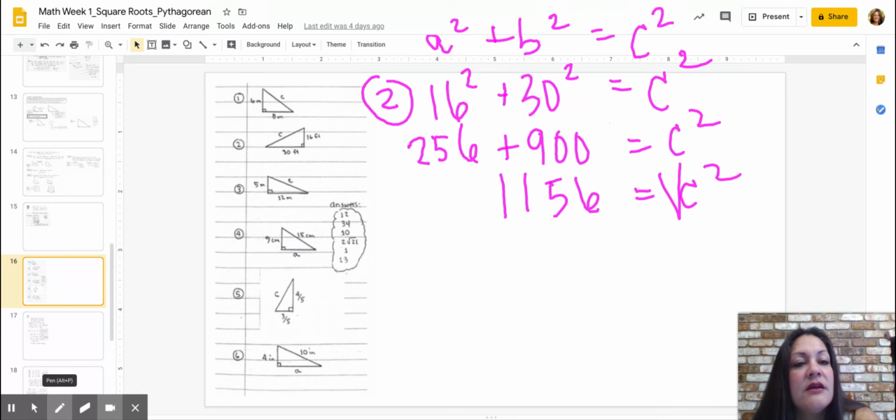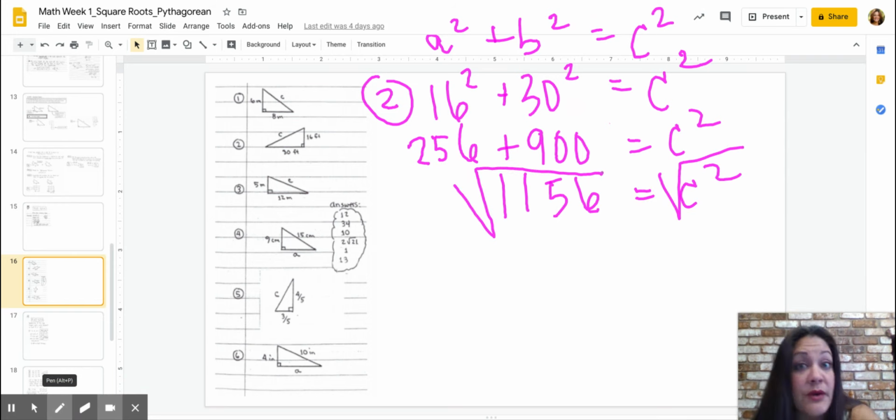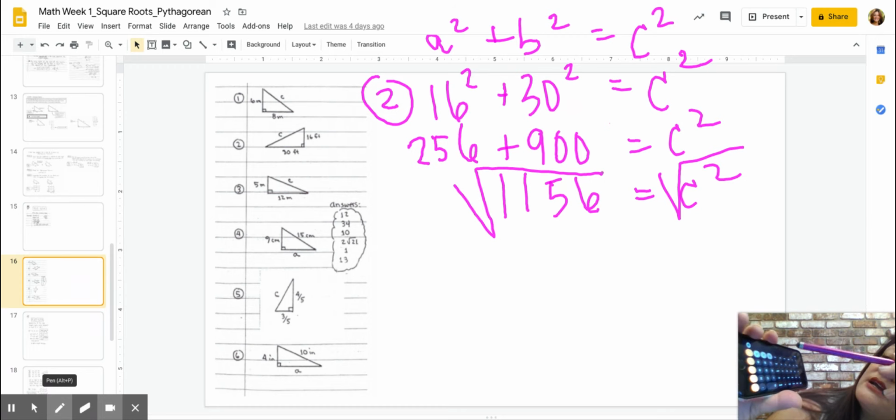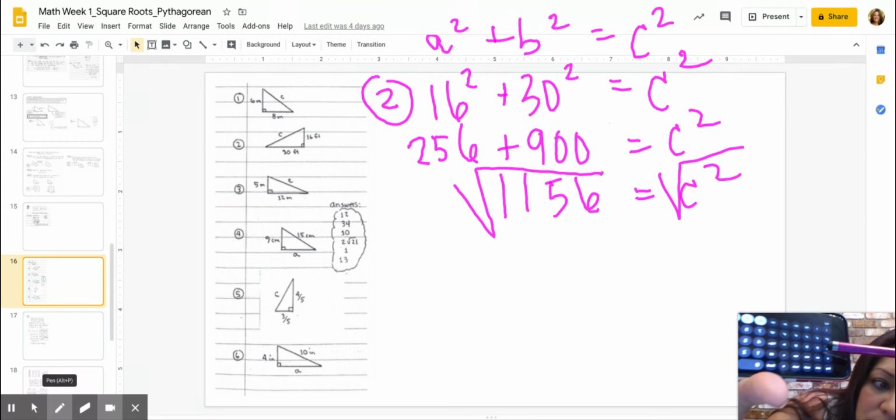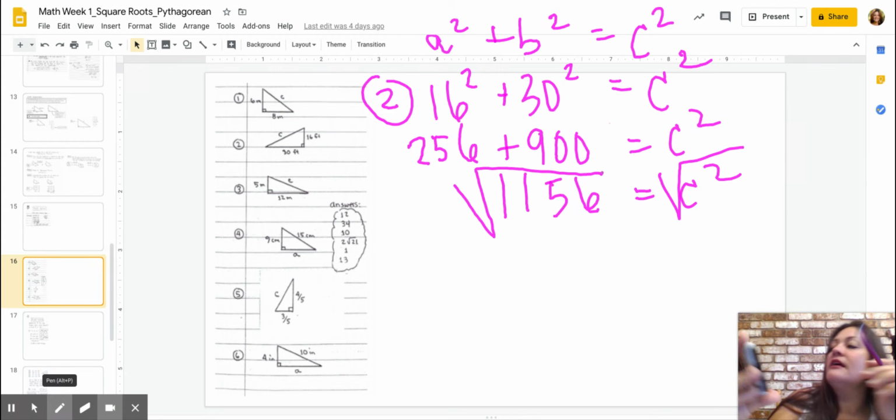I need to find the square root of each of those. So remember, you turn your iPhone sideways, and it is going to be this square root. So it has that little 2. The one with the 3 is a cube root.